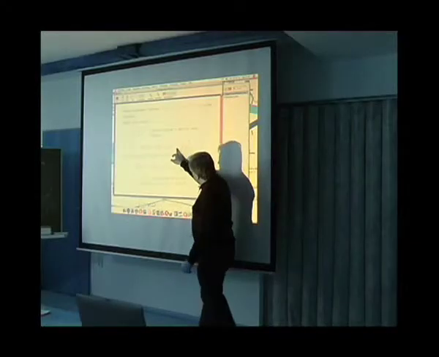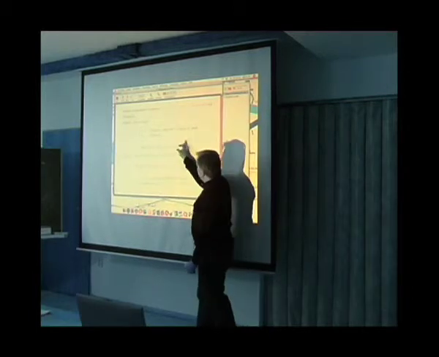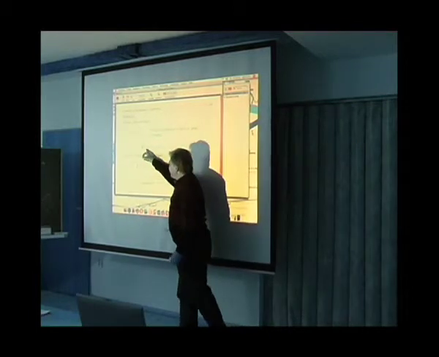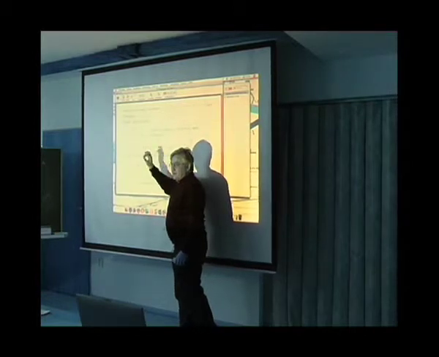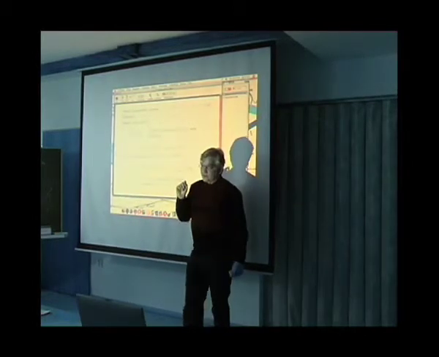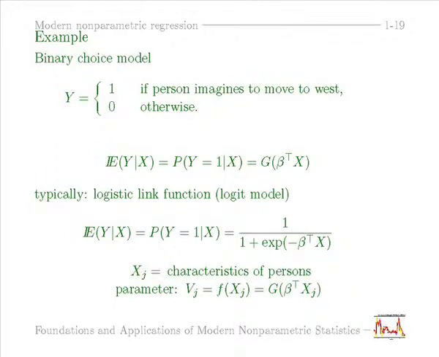The thing that we make non-parametric here is not the full function. We don't make this function non-parametric. Only the index is done non-parametric. So the function beta transpose x is replaced by a function f of x.